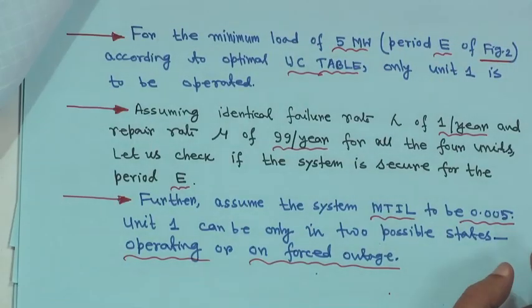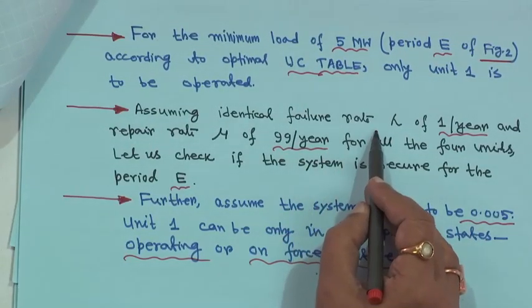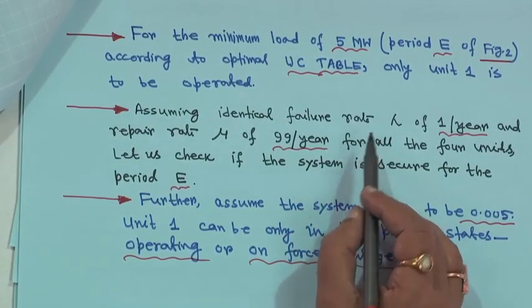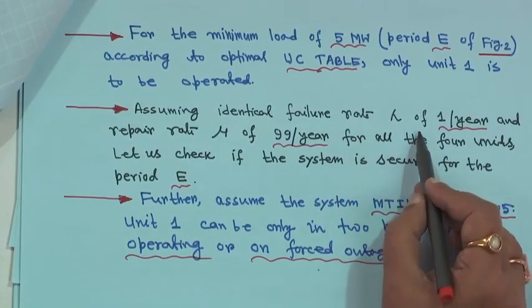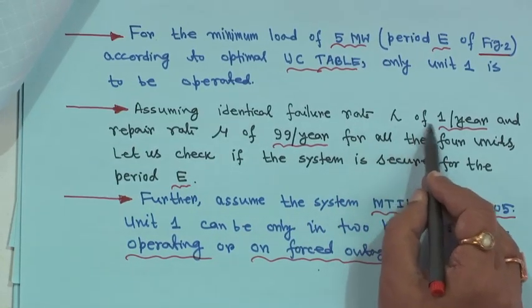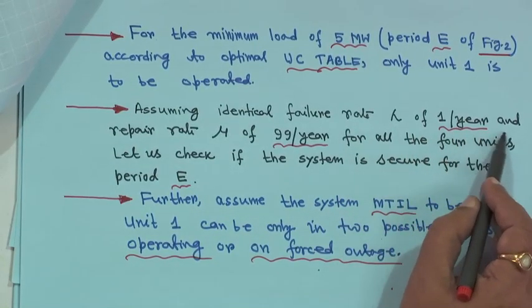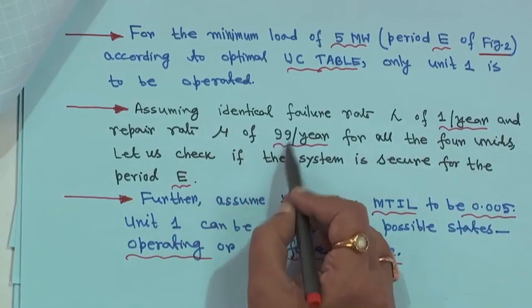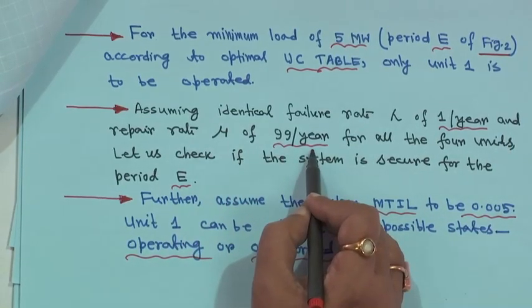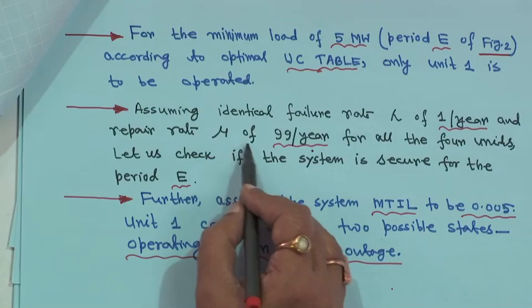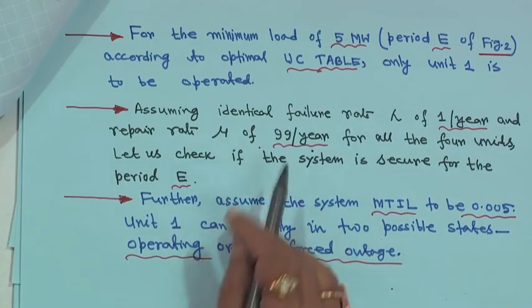Therefore, assuming identical failure rates for all the units, the failure rate lambda is 1 per year, and the repair rate mu is 99 per year. Some arbitrary data has been taken.